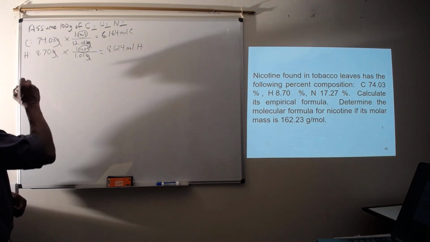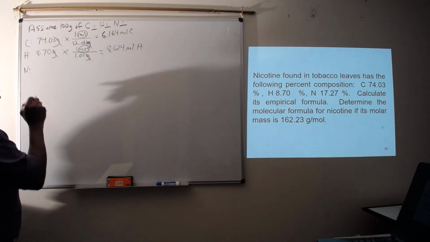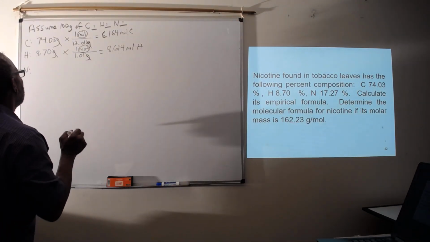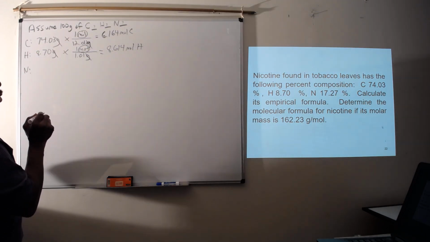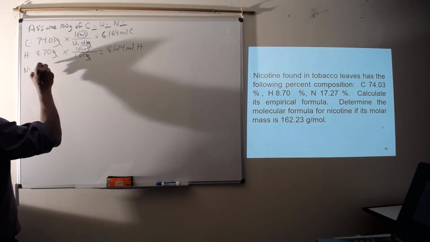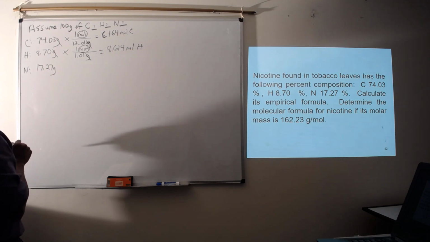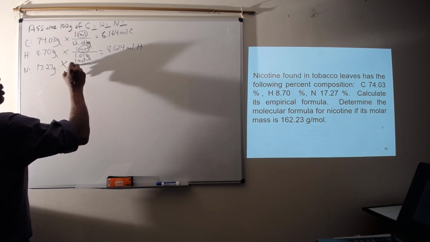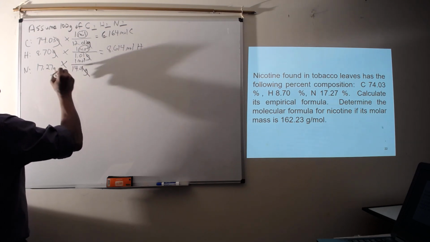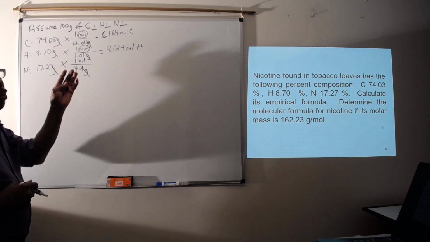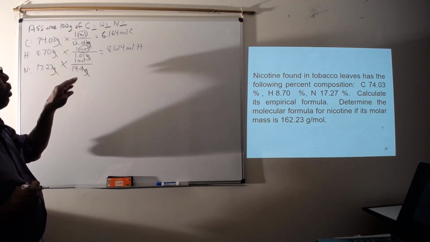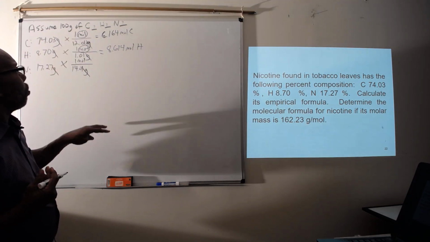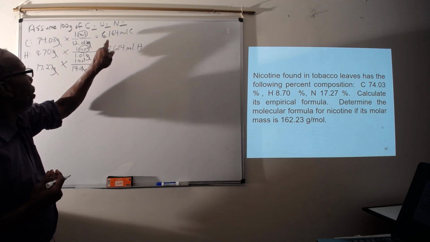So for nitrogen, we have 17.27%, which, if we assume 100 grams, is 17.27 grams of nitrogen times 1 mole of nitrogen over 14.01 grams. Actually, we're just dividing each of these grams by the molar mass so we can get the desired quantity, the moles.